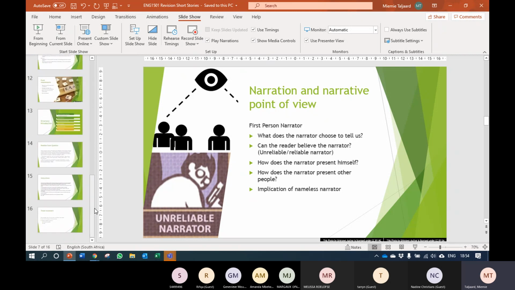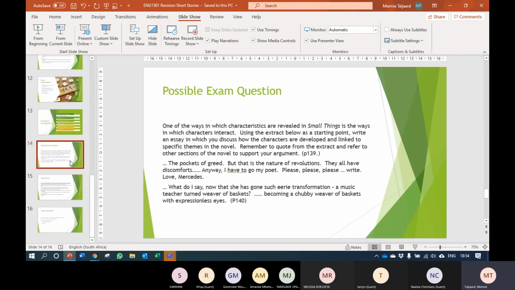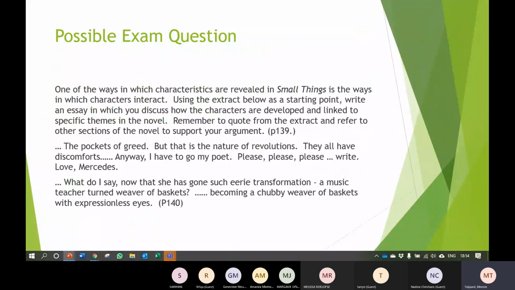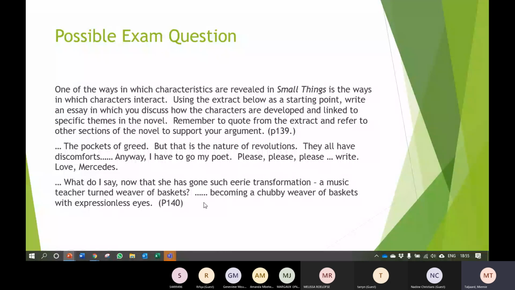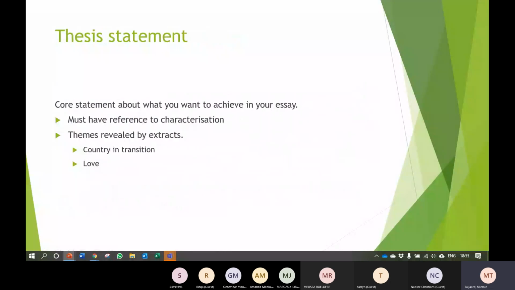If we now go back to that slide, I have said many things. How are we going to build this into the thesis statement? I gave you the two themes.